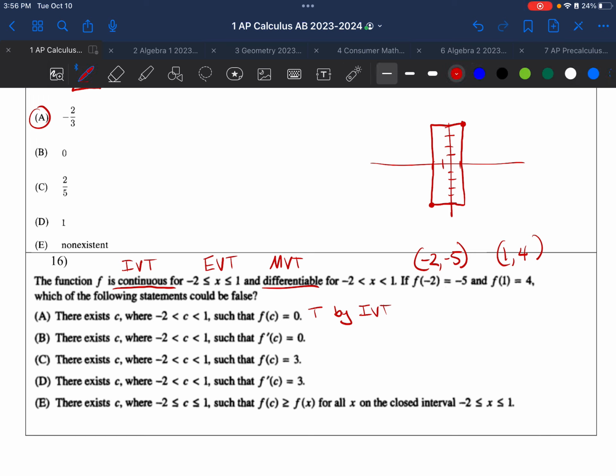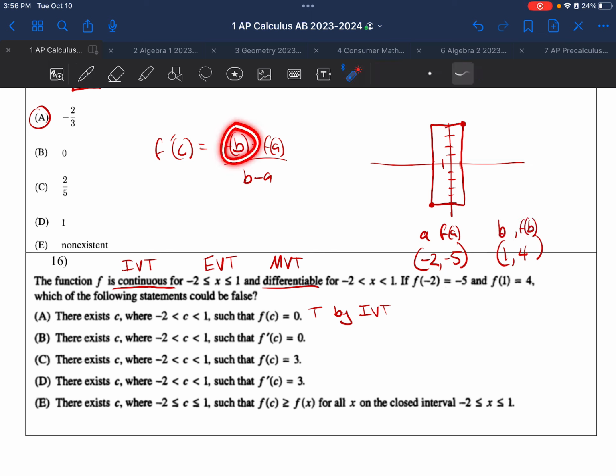So mean value theorem, if it's differentiable, it proves slope. So what is mean value theorem? Mean value theorem is f prime of c is given by f of b minus f of a all over b minus a. And b is going to be the second point. So let's call this a and f of a, and this is going to be b comma f of b. Okay, so f of b is 4.